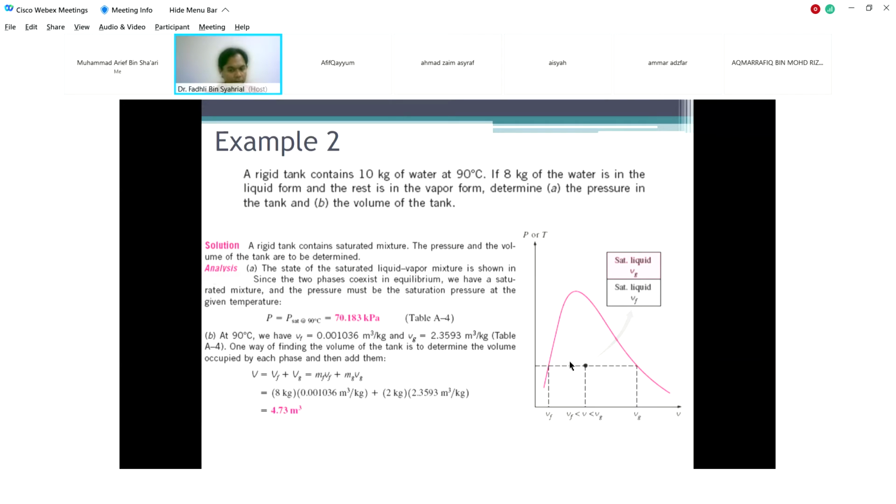Then after that, what else? Mass: you cannot put 10 kilogram of mass into your diagram because we don't have any line for mass. Rigid tank as well.